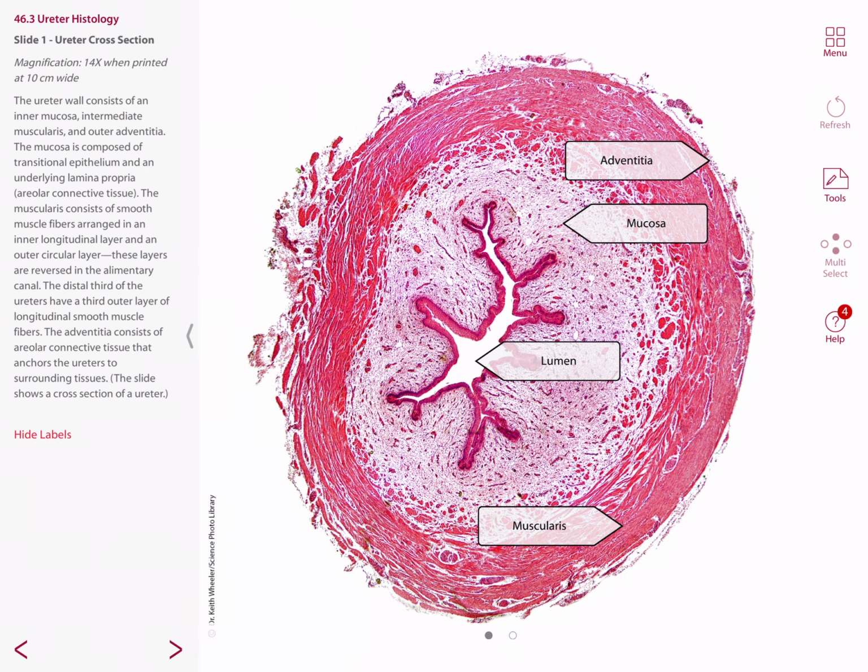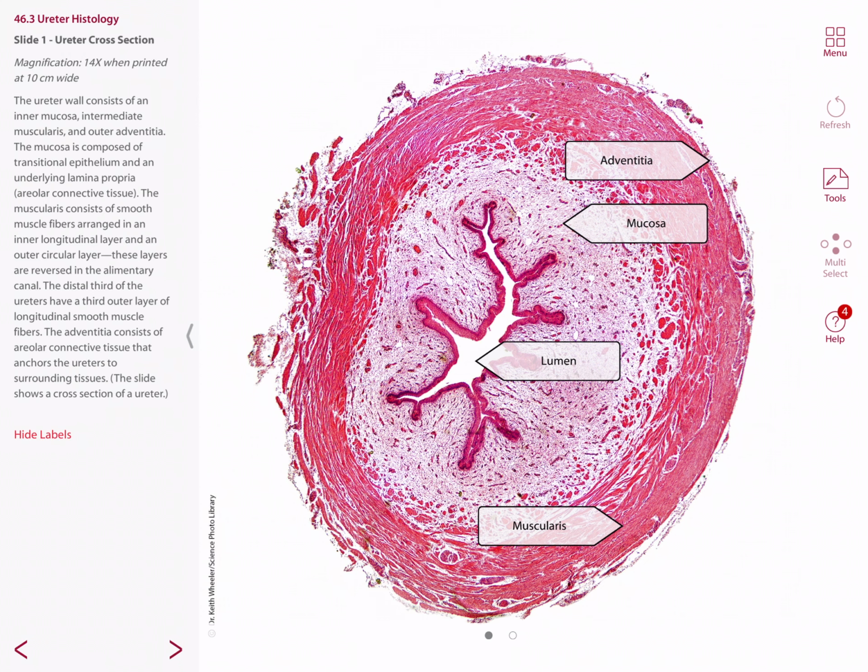Here's the histology slide of the ureter. The inside of the ureter is going to be made up of an epithelium that you should be familiar with, and that is called transitional epithelium. So we'll have a layer of connective tissue, the adventitia on the outside, the muscularis just inside of that. So you basically have two layers of muscles here, and that's going to allow that peristalsis to take place.